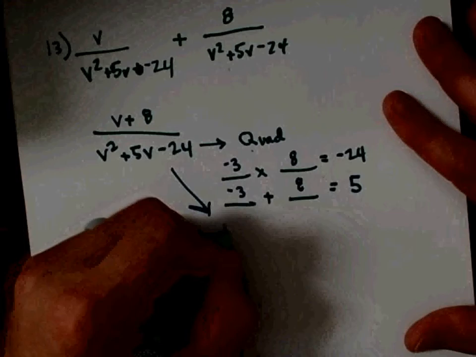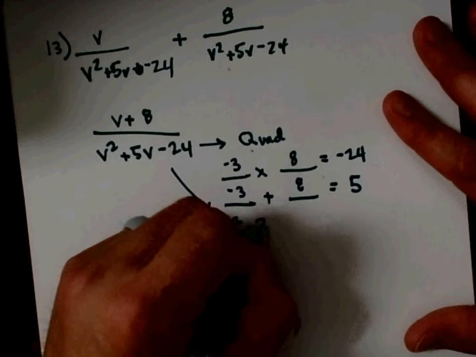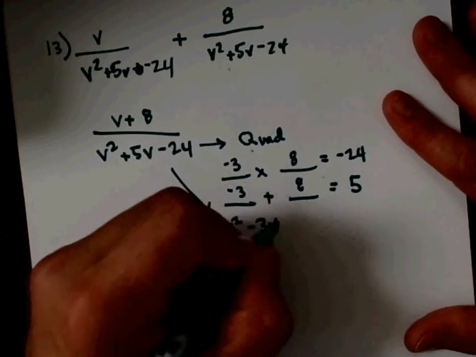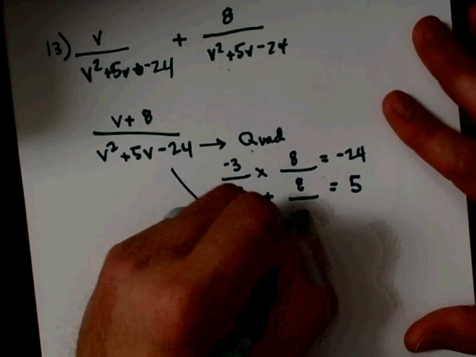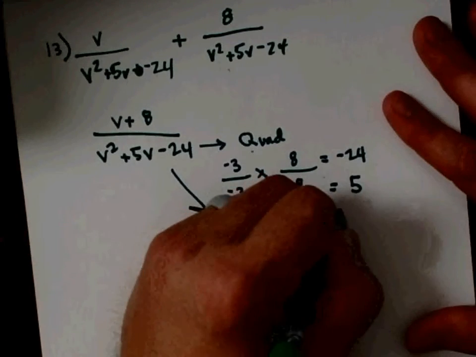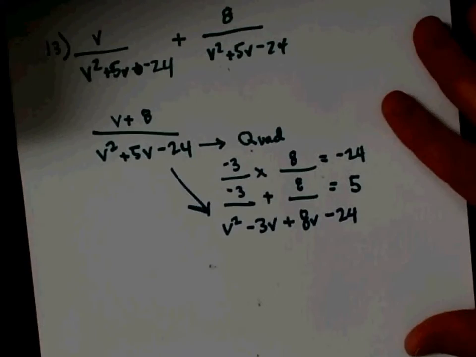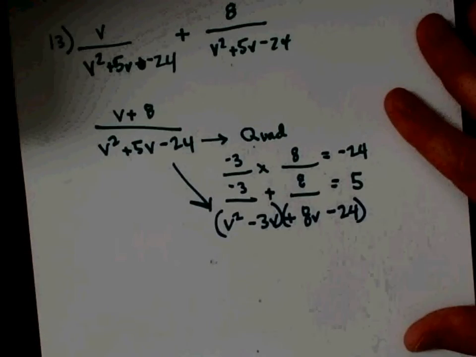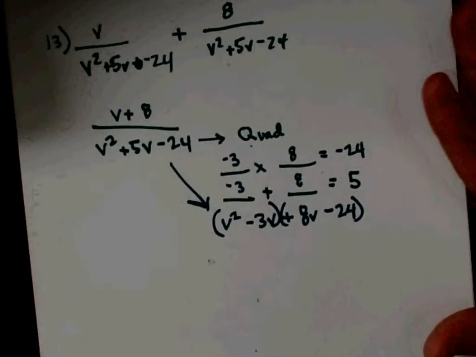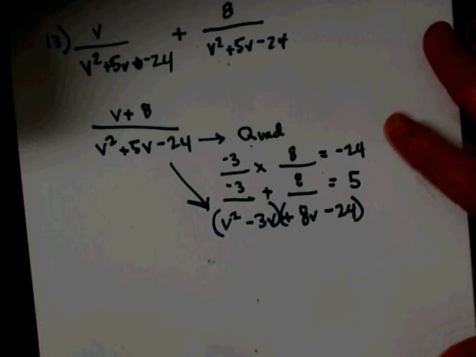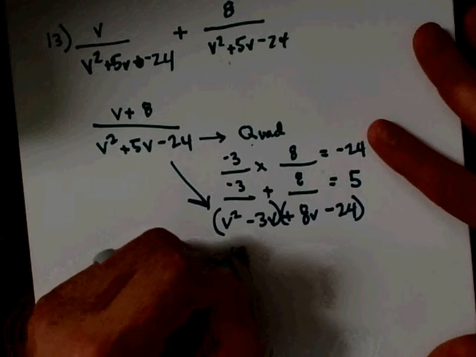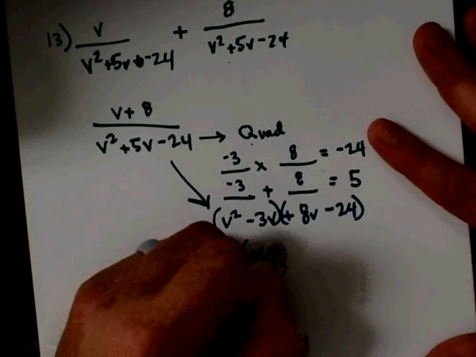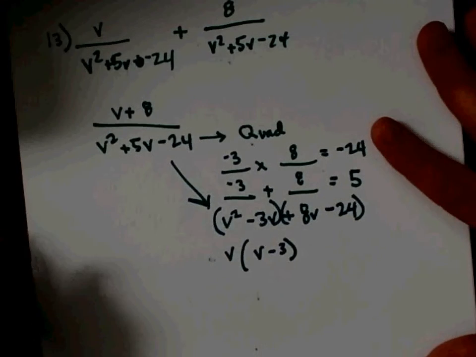Okay, so we have v squared minus 3v plus 8v minus 24. Even number of terms, we group them. What's the common factor in the first one? What's the common factor in the second one?